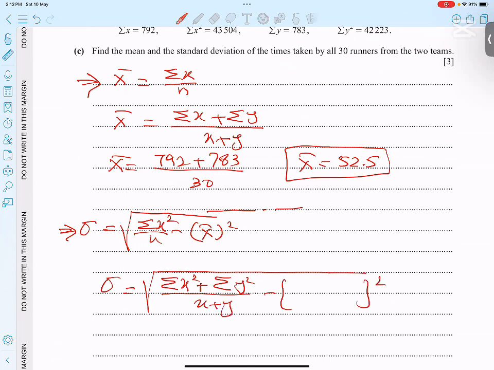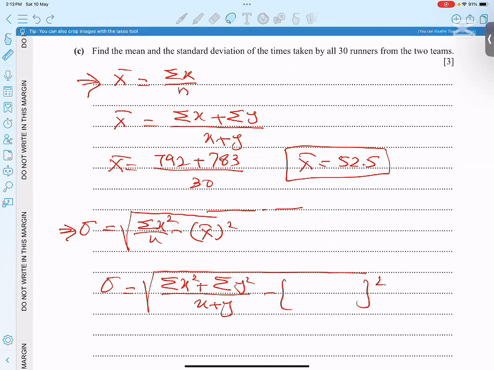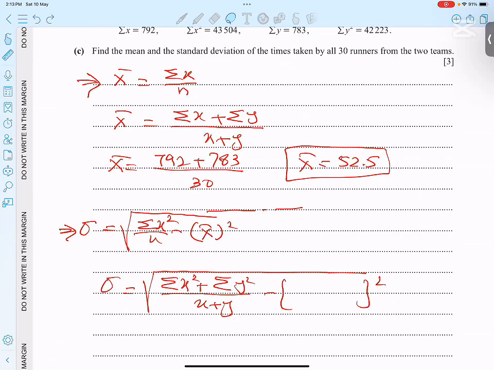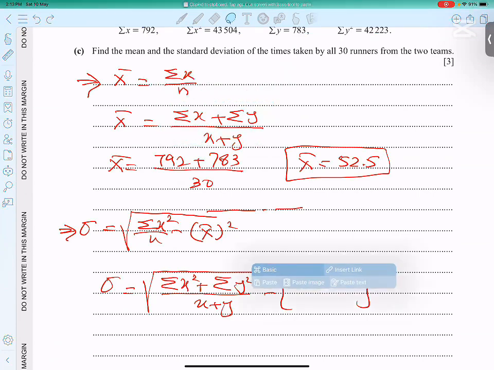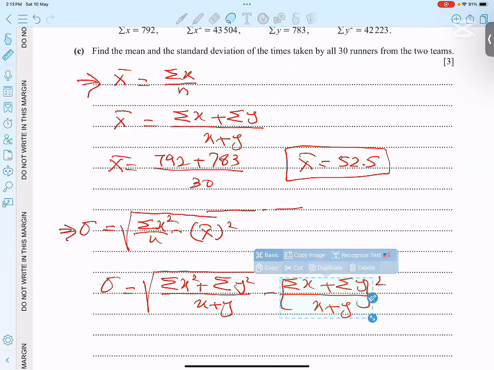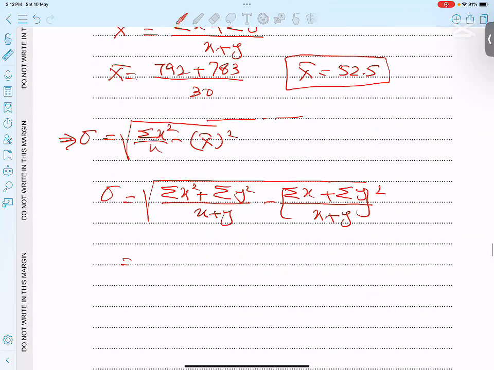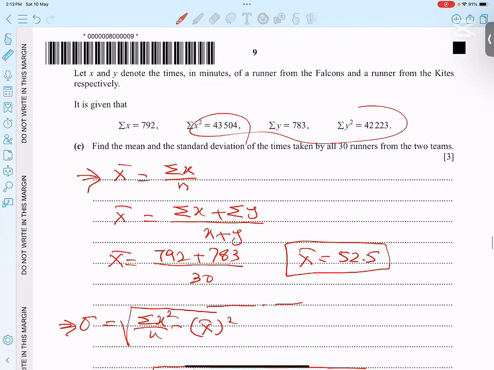I can copy and paste the mean value from here, or take the value directly, no problem at all. Sigma x squared is this and sigma y squared is this, so I'm going to add them.